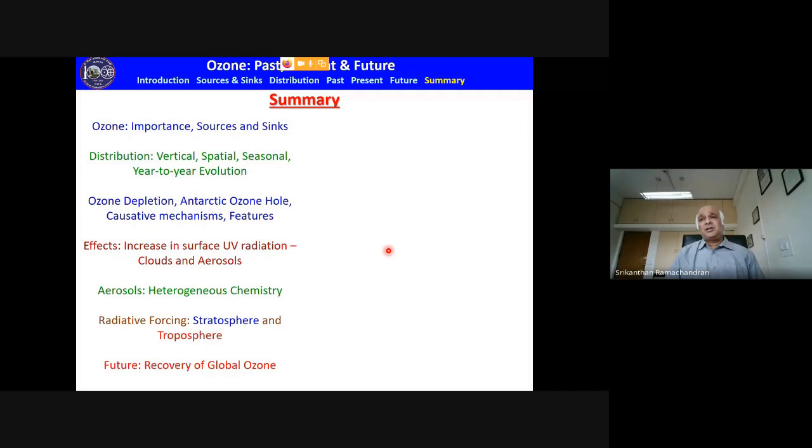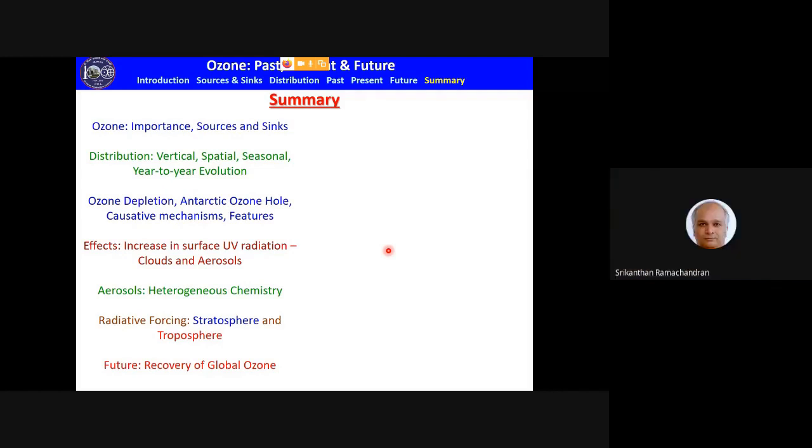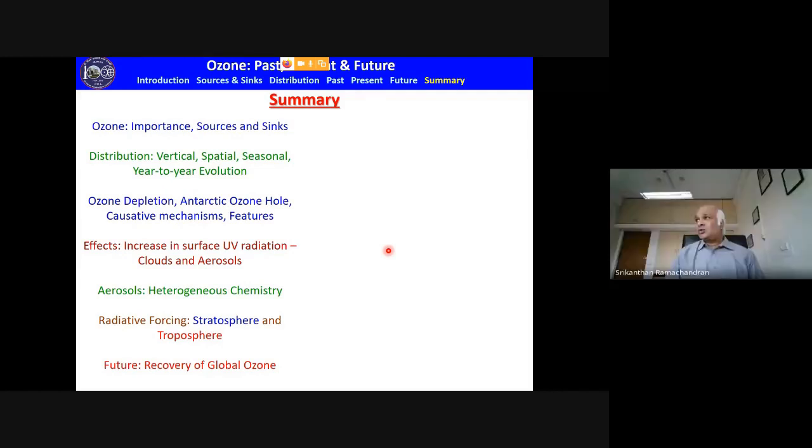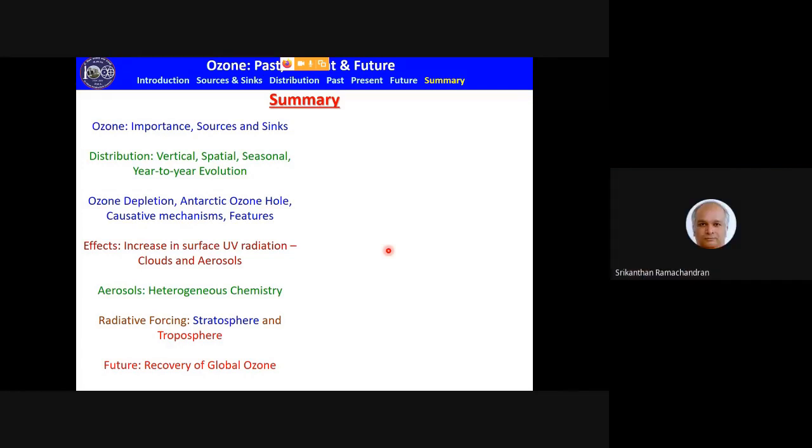And we also looked at the future scenario, when will ozone recover to reach levels of 1980, provided, like I said, there are no major volcanic eruptions in the next 30 years or so, and no meteorological disturbances that will change the whole scenario of the ozone depletion or the recovery.